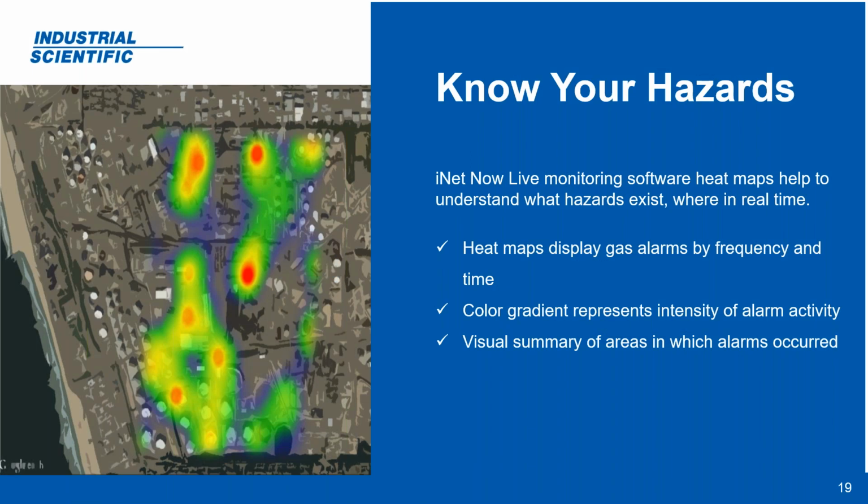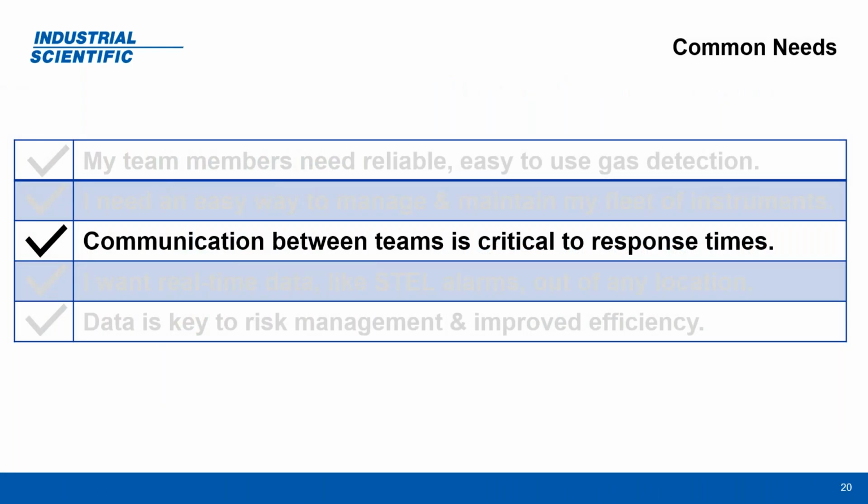And then from a hazard management standpoint, some of the newer functionality that we can give you is the ability to look across your program and see where those dangerous places are. Where are our hazards occurring, most frequently, more intensely, and what areas do we need to focus our attention on to go out and correct problems that may be there before we have an incident.